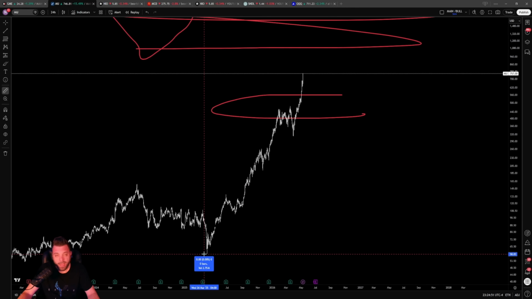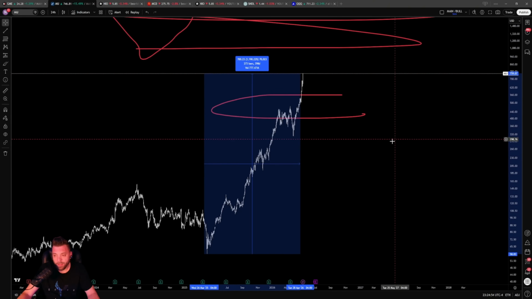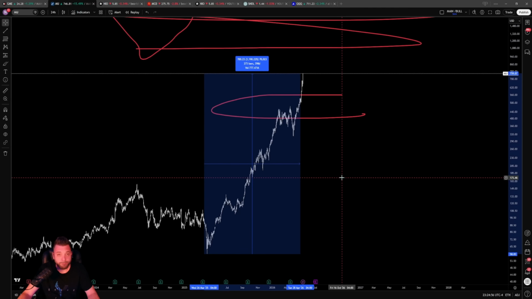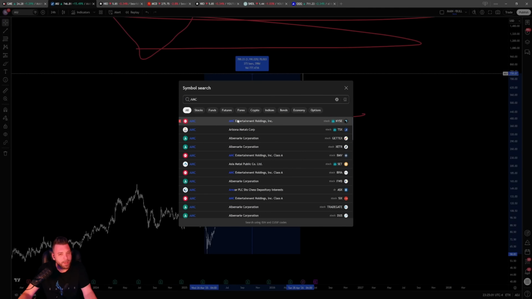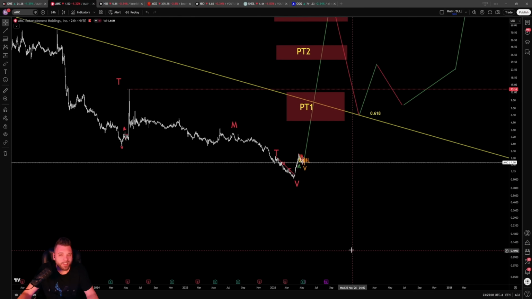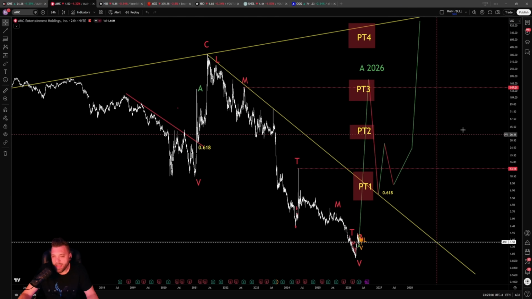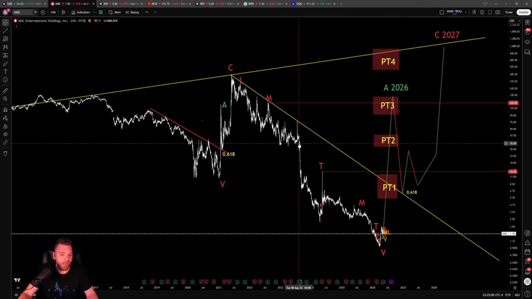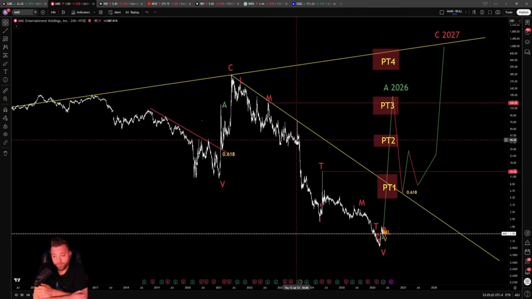We went from 58 to 759. So saying this is not possible because it's AMC and it's never happening on any other stock, or it's not happening in 2026. Just be open-minded. You see it all over the stock market that it is possible. But if you don't believe it, don't play it.